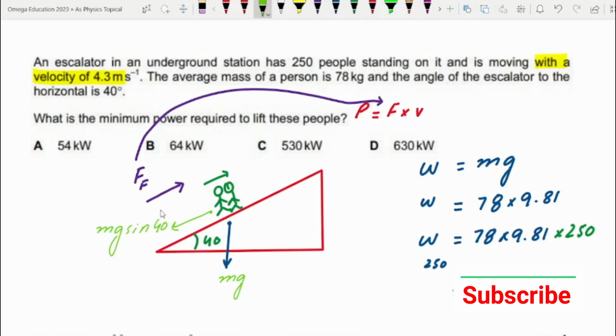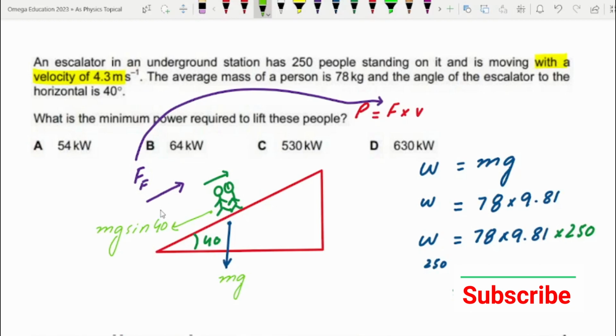The other component, mg cos theta, is balanced with the normal contact force. I'm not going to draw that triangle over here, but we study in theory that the component of the weight that would be responsible to slide the object downward is mg sine theta.